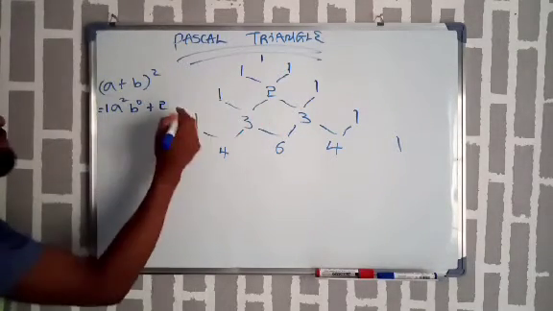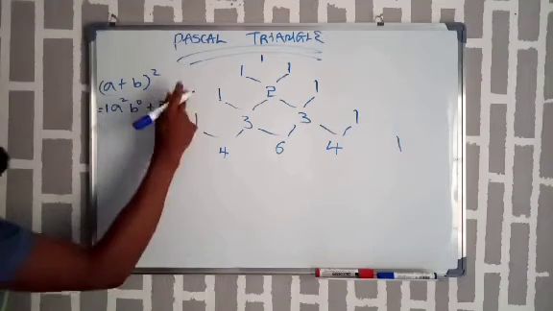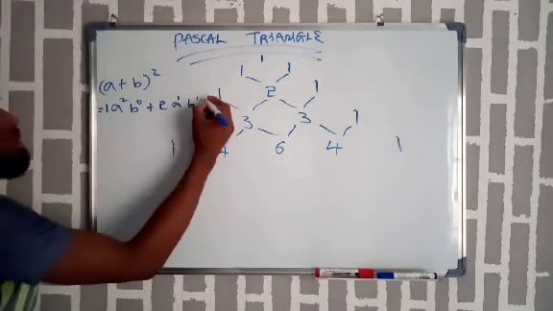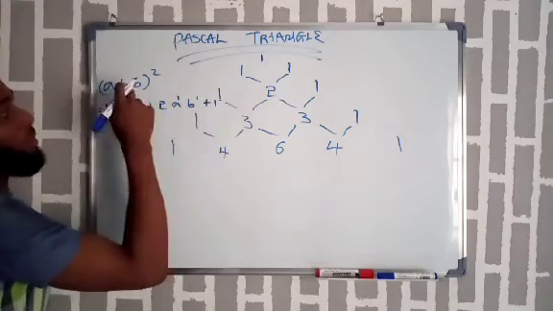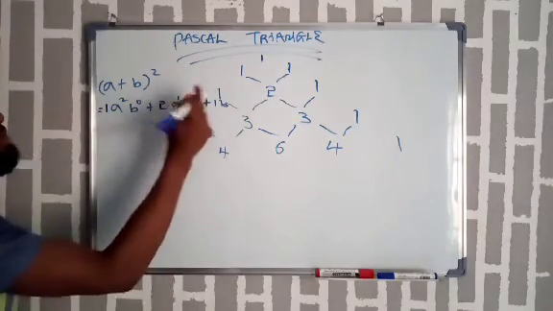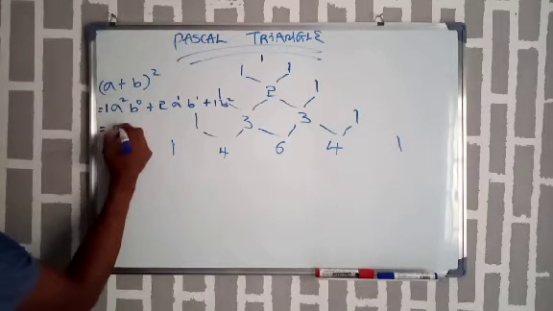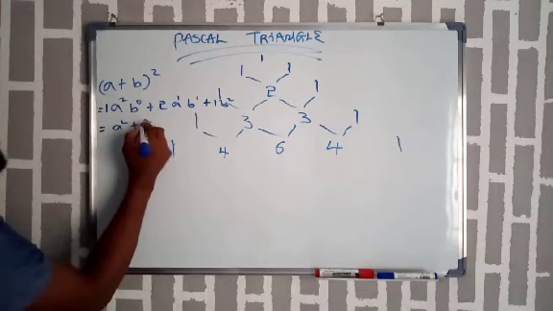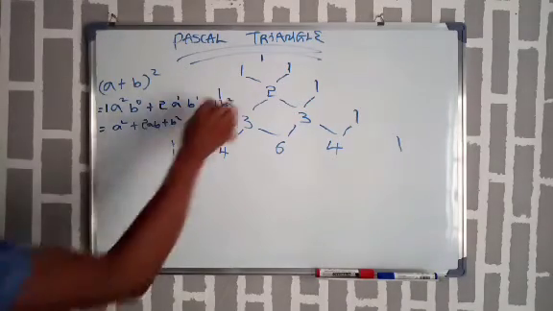So write 2 also. Then this reduces to 1, and b increases to power 1, plus 1 multiplying b squared. Anything raised to power 0 is 1, I taught you in indices. So it is a square plus 2ab plus b square. Simple as that.